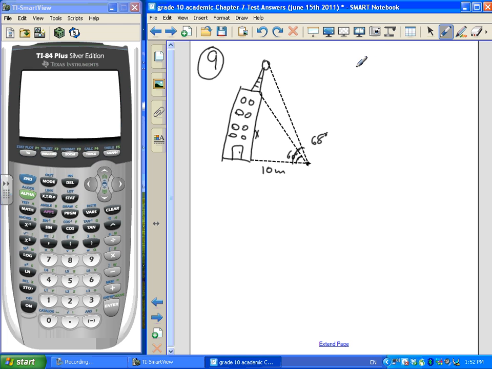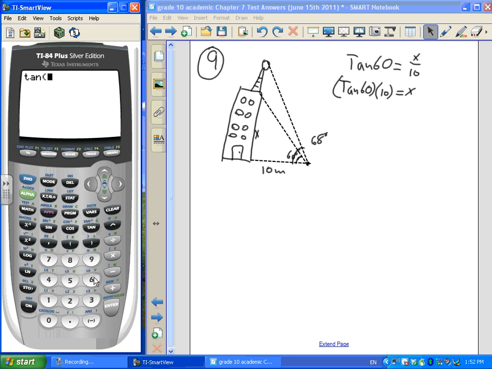Okay? So tangent 60 is equal to the opposite, which is x, divided by 10. We need to move the 10 to the other side of the equation, so it becomes 10 times tangent 60 is equal to x. We're going to put in our calculator.